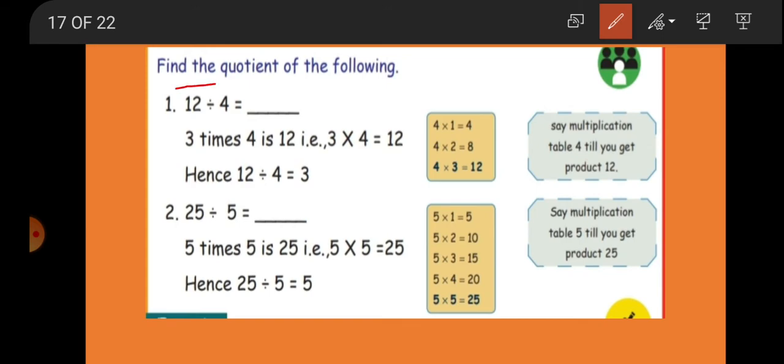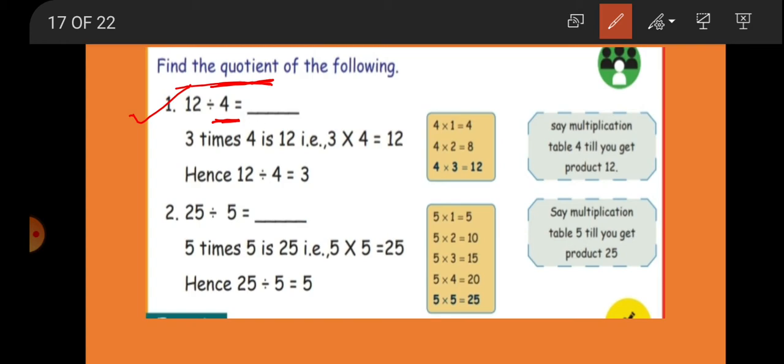Find the quotient, quotient means answer, of the following. 12 divided by 4. So 12 divided by 4 means, first we have to write, like I have explained in the Zoom class, how to do the division. First 4. So this is 4.